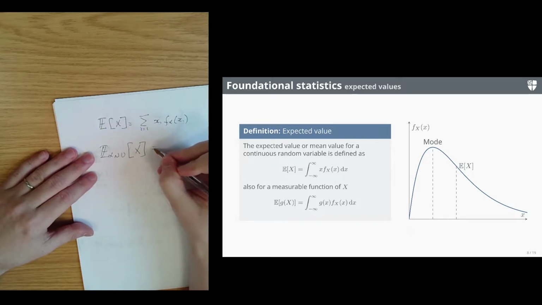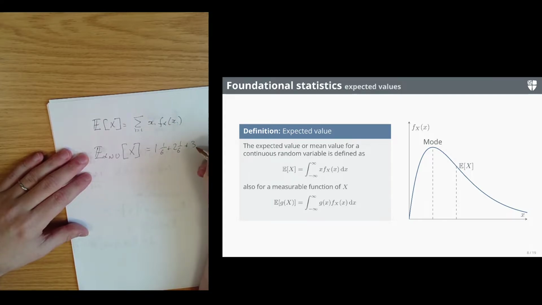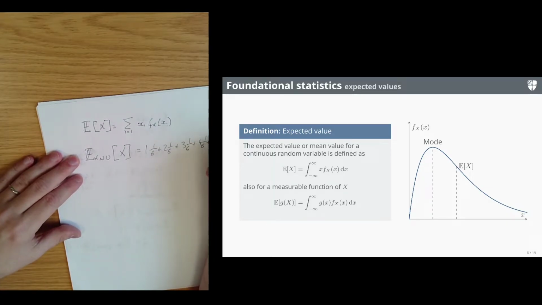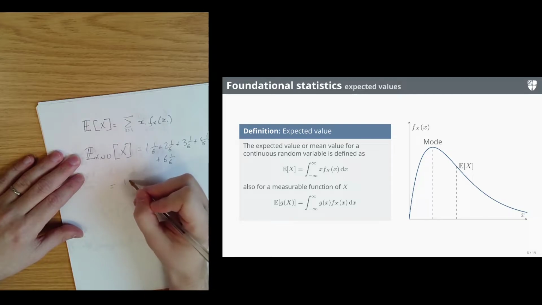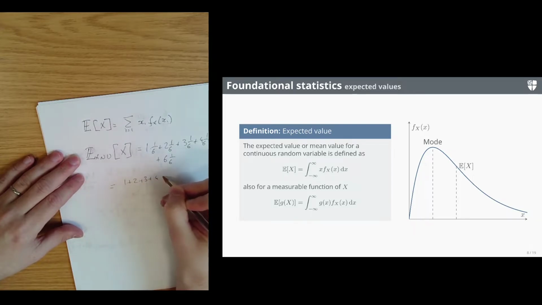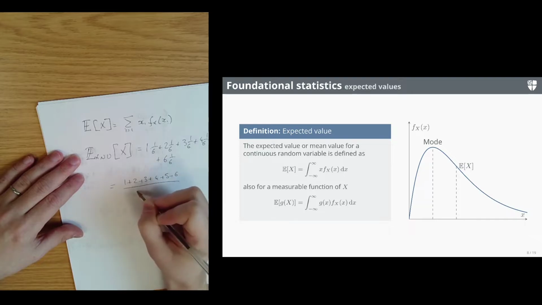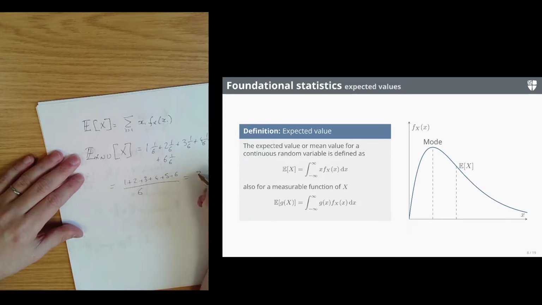Okay, so this is just going to be equal to 1 times a 6th plus 2 times a 6th plus 3 times a 6th plus 4 times a 6th plus 5 times a 6th plus 6 times a 6th, which is equal to just 1 plus 2 plus 3 plus 4 plus 5 plus 6, all over 6, which is actually equal to 3.5.